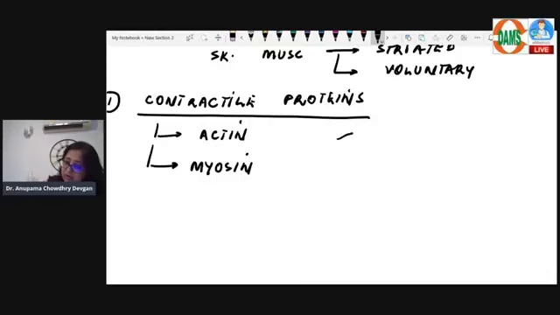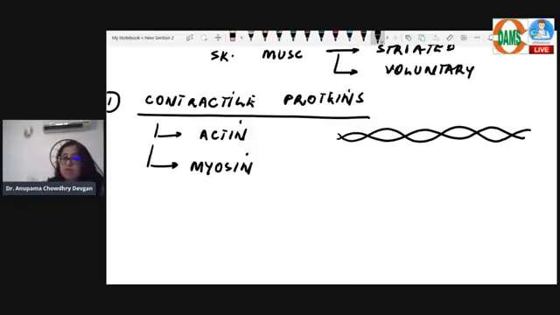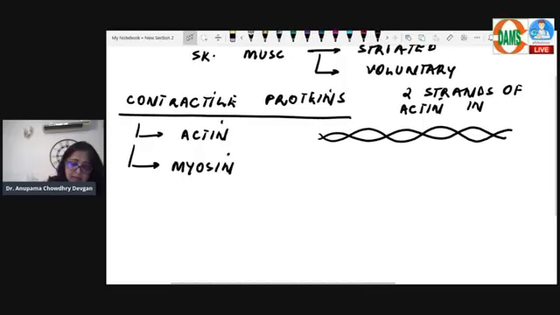There are two strands of actin in a double helix, just like a DNA molecule is arranged, so also the two strands of actin are in a double helix.